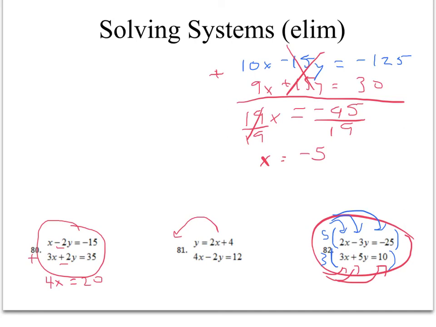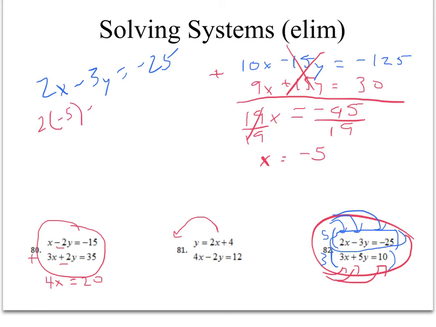Now I need to find my y value. In order to find my y value, I'm going to use substitution. I'm going to substitute x equals negative 5 into an equation. I am going to choose the equation 2x minus 3y equals negative 25. And what I'm going to do is replace the x with a negative 5.